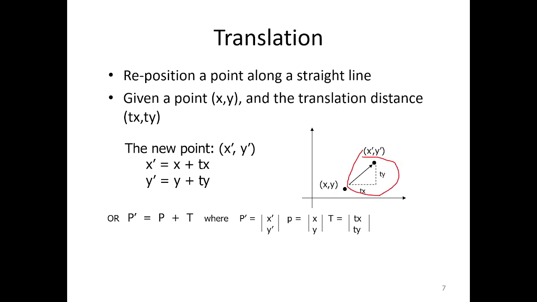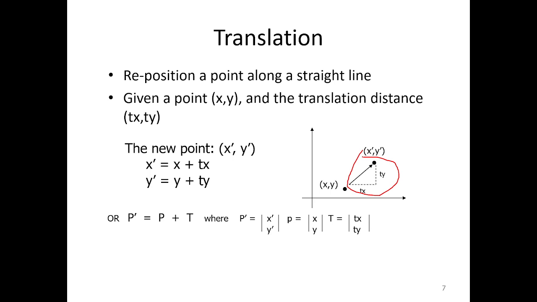So the new point is x dash comma y dash, where x dash equals x plus tx and y dash equals y plus ty. Or we can define p dash equal to p plus t, where p dash equals x dash y dash, p equals x y, and t equals tx ty. So this is a translation, a repositioning of the point.